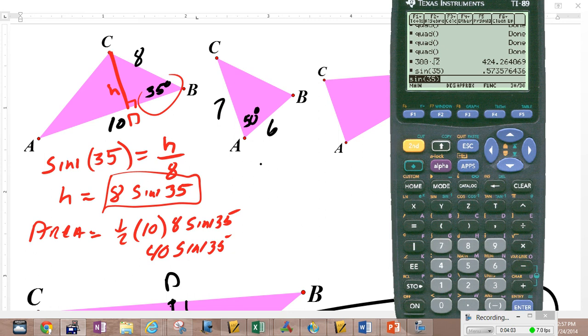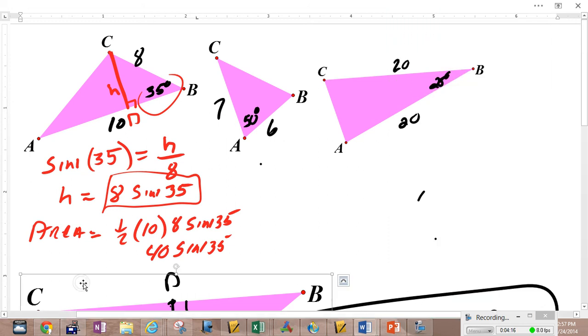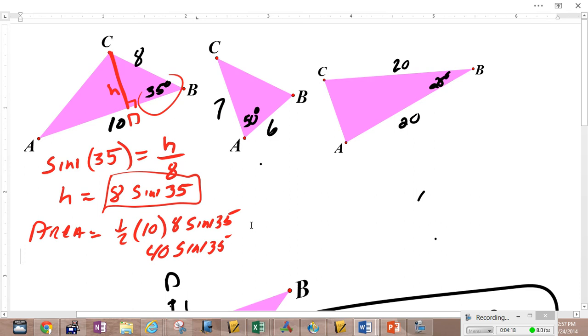Now I'm going to multiply that by 40, and there is the area of my triangle, roughly 23 square units, so 22.9. So the area here is going to equal 23.